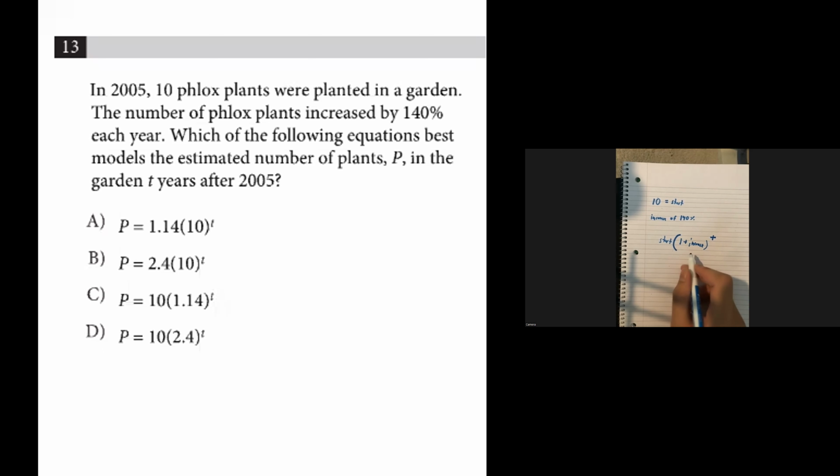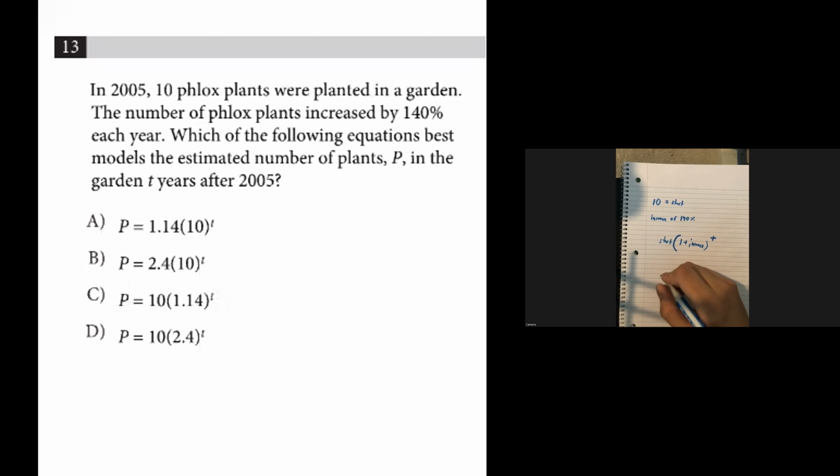And you do 1 plus the increase because you are starting at 10. If you didn't do this, then if your t value is like 0 years, you'd get basically 0.